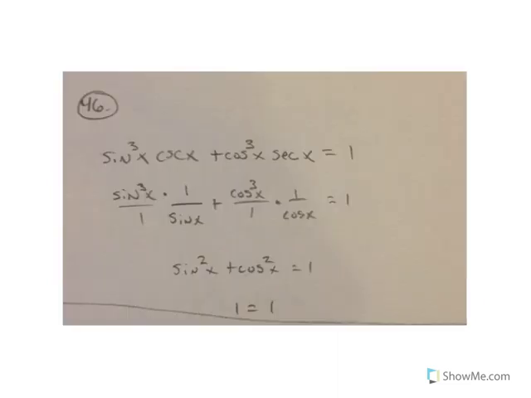Number 46. And the first thing you could do is switch cosecant to 1 over sine, its reciprocal, and switch your secant to 1 over cosine. And then you're going to have a sine down bottom that will cancel one of the factors of sine cubed up top, so you're going to be left with sine squared up top.